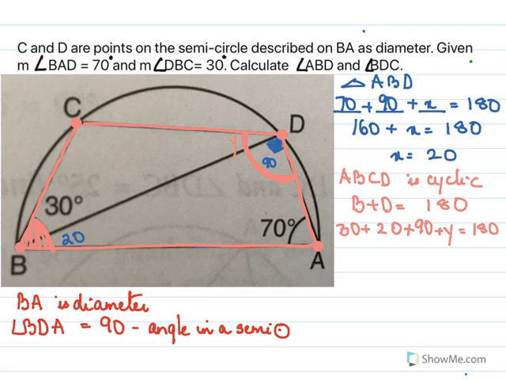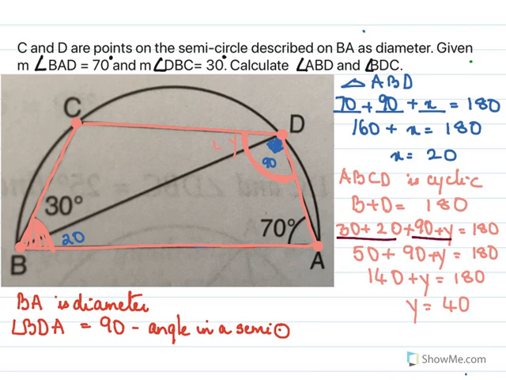I repeat again, this is my angle B and this is angle D. So you have 50 plus 90 plus y equals 180. So 140 plus y equals 180, and your y becomes 180 minus 140, and this is 40. So I have my y as 40.